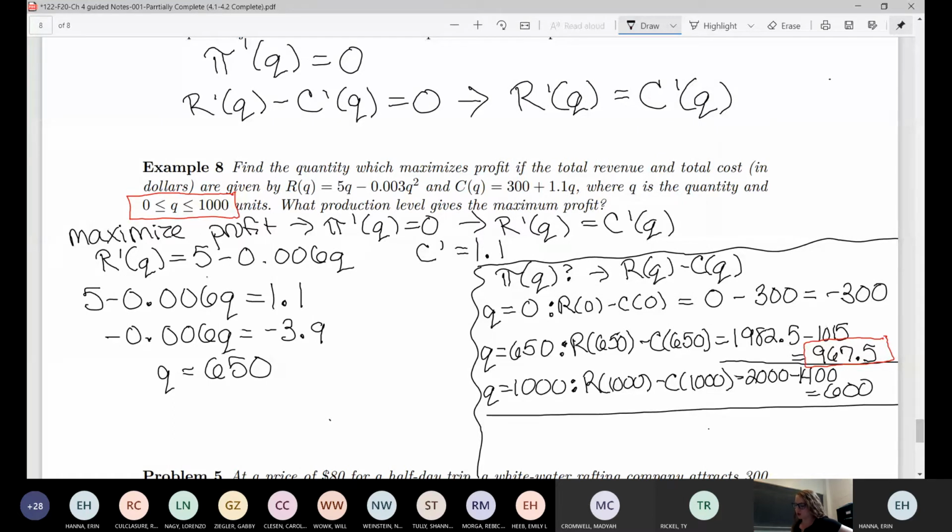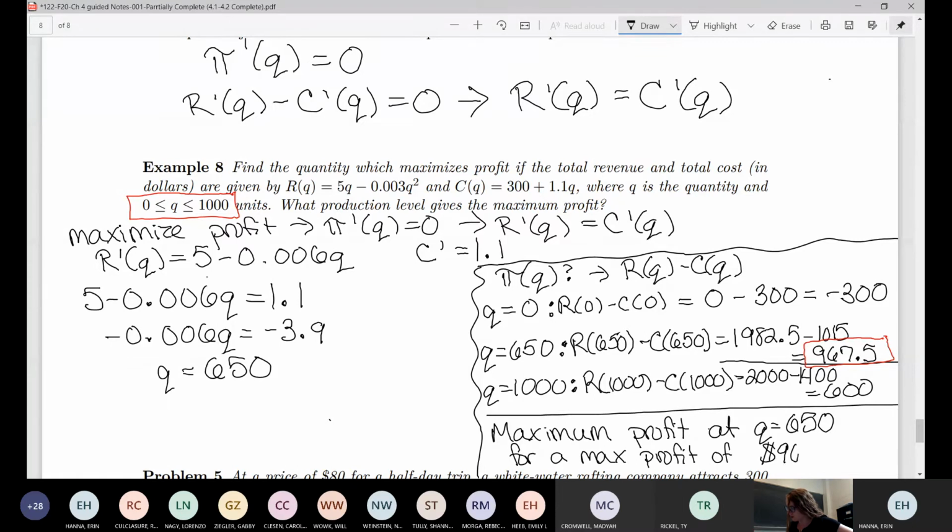What production level gives the maximum profit? So what they actually want is the Q value. So we have maximum profit at Q equals 650. That's enough to answer the question, but I'm going to go the tiny step further and say for a max profit of $967.50.